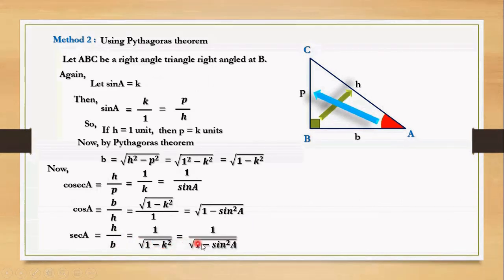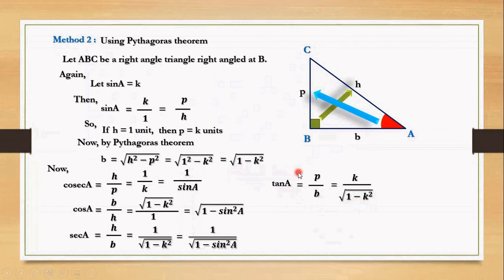So we have its value as 1 by root under 1 minus sine square A. Sec A is also expressed in terms of sine A. Now for tan A, the ratio of tan A is P by B. Substituting their value, P is K and b is root under 1 minus k square, which we had calculated.